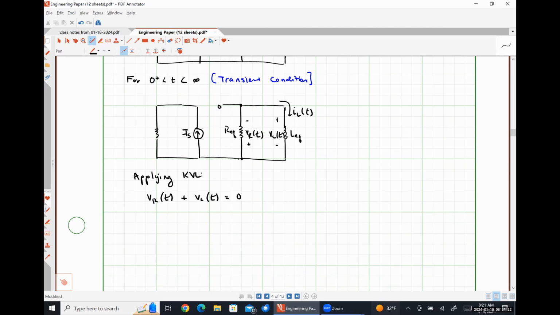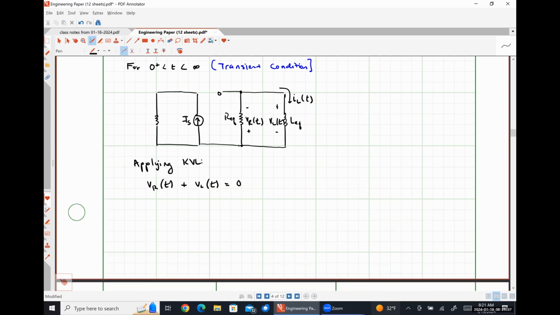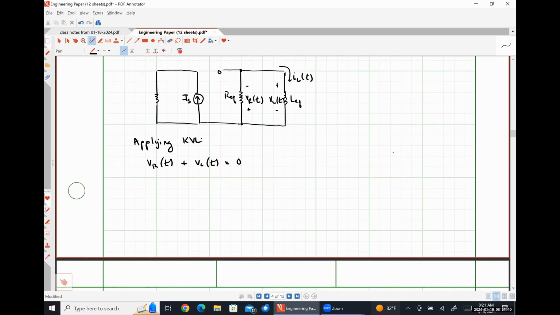Right? So we can express the voltage drop across the resistor and the voltage drop across the inductor in terms of that inductor current I, because that same current is flowing through both of the elements, right? So using Ohm's law, we know that the voltage drop across the resistor could be written as Req times the inductor current.